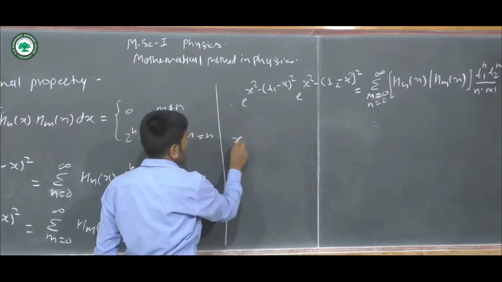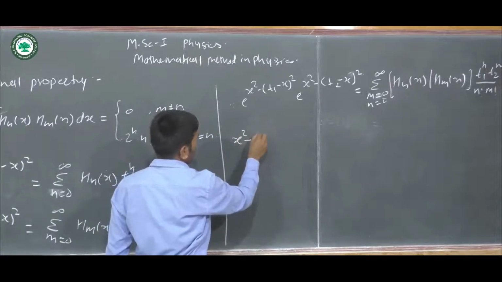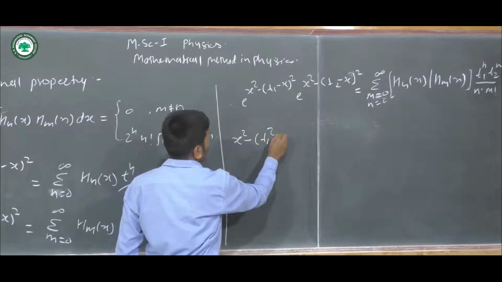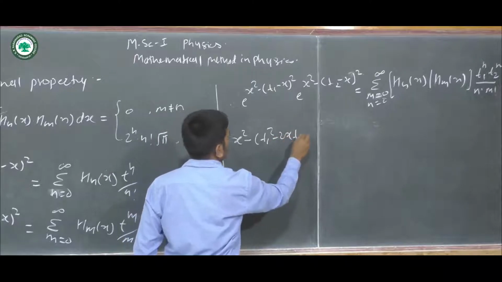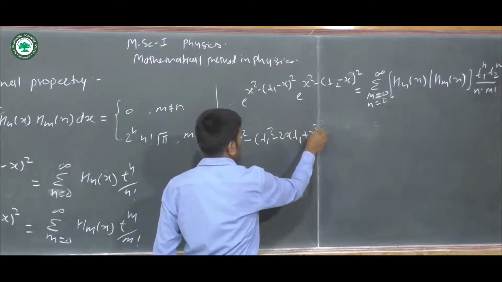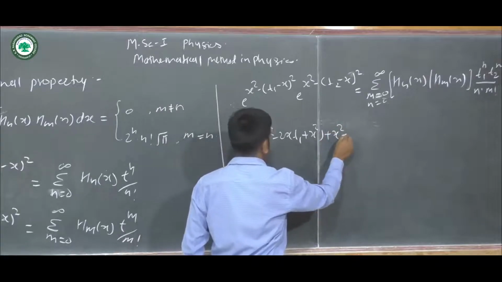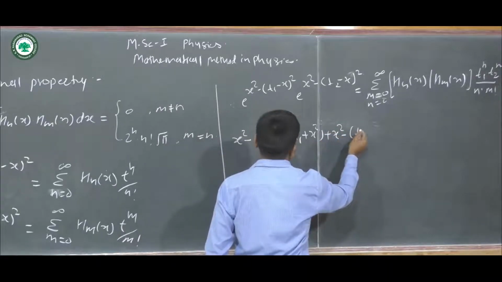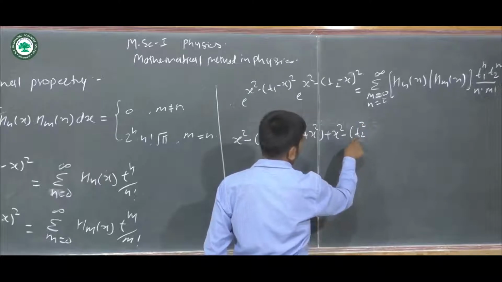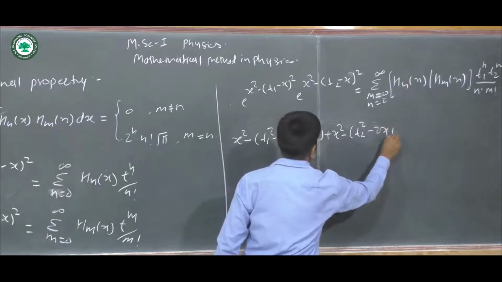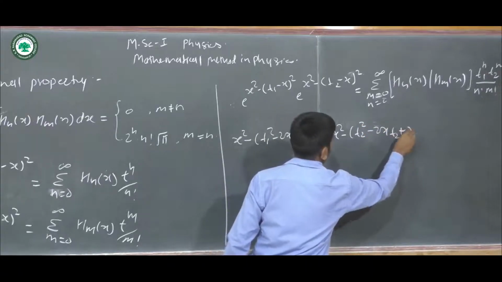So it is x square minus t1 square minus 2x t1 plus x square, plus x square minus t2 square minus 2x t2 plus x square.